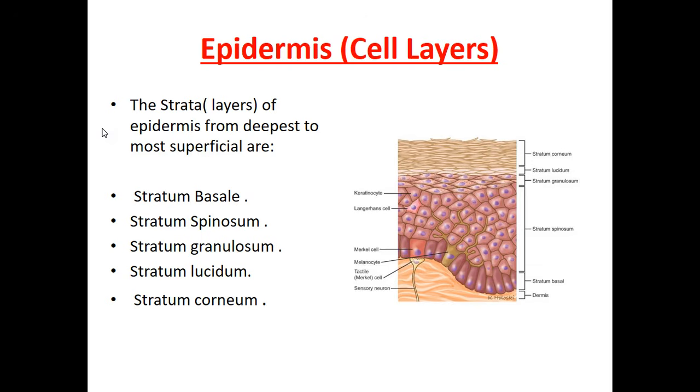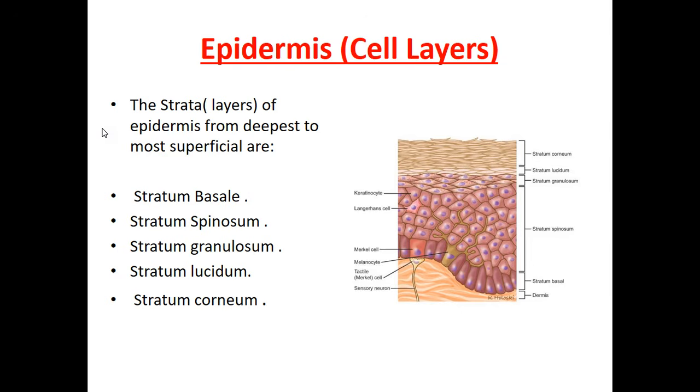The strata of the epidermis from deepest to most superficial are: number one, stratum basale; number two, stratum spinosum; number three, stratum granulosum; number four, stratum lucidum; and number five, stratum corneum.